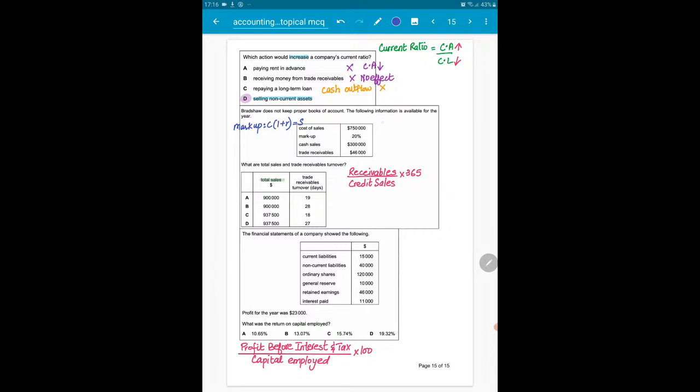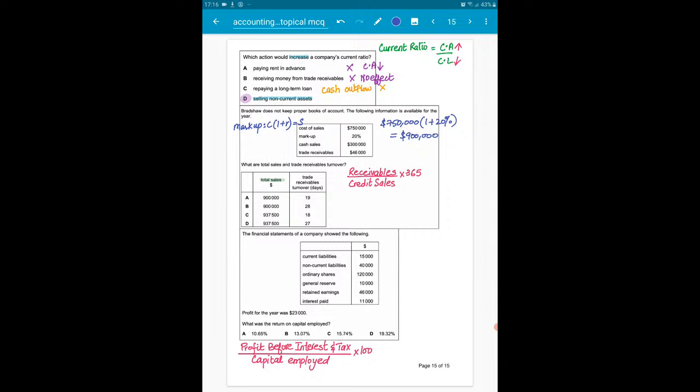We have the cost of sales as 750,000, times 1 plus 20%, and here you go, you got the total sales for the following year. By just using a calculator, the total sales amount is $900,000. Markup is always on cost, so we applied that on cost and we got the total sales.